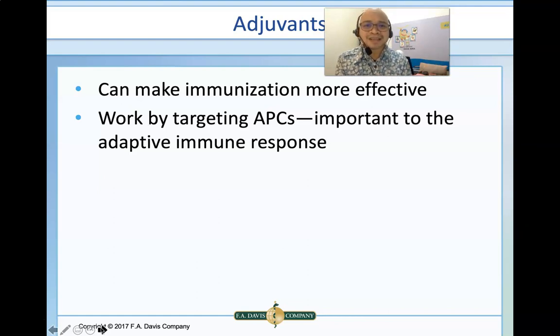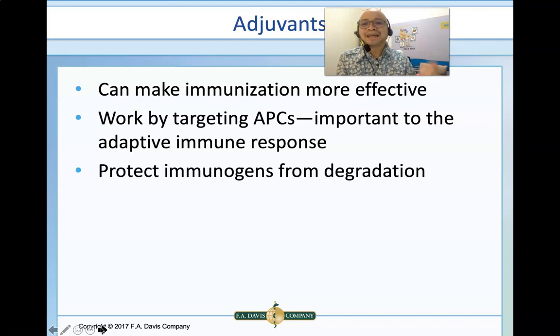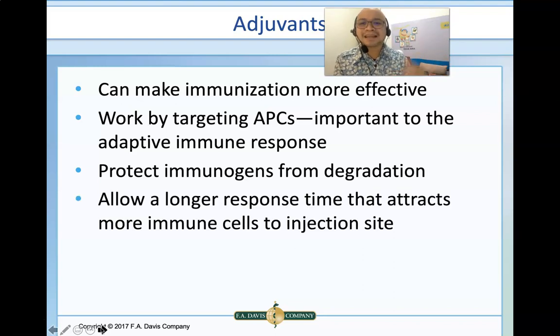APCs are antigen-presenting cells, important to the adaptive immune response. It protects immunogens from degradation, so it makes the vaccine more stable, allows a longer response time, and attracts more immune cells to injection sites. So the immune response would be magnified if adjuvants are present.